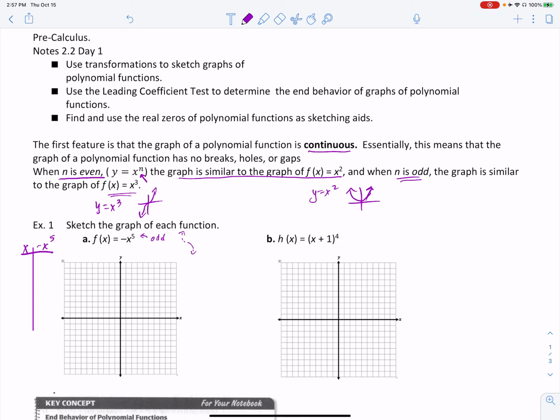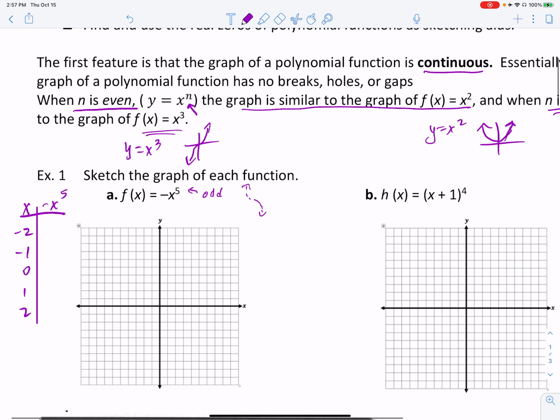I like to think about -2, -1, 0, 1, 2. If I need to go out further, I will, if it will fit, but we'll start with that and adjust as needed. If I put -2 into the fifth, -2 to the fifth is -32, but I want the opposite of it, so that's actually +32.